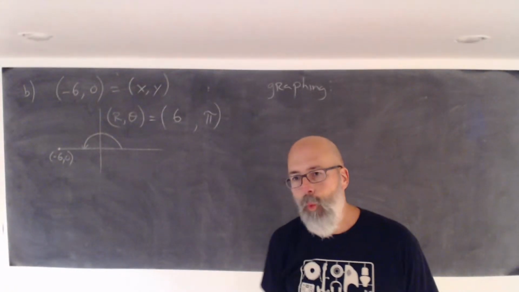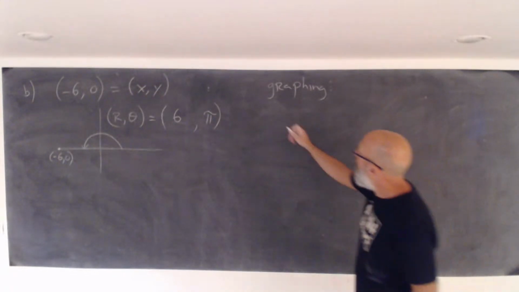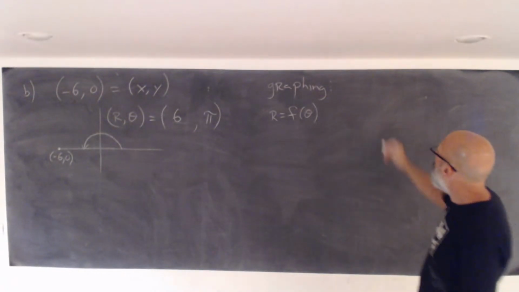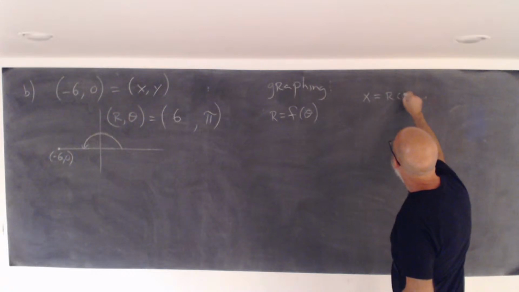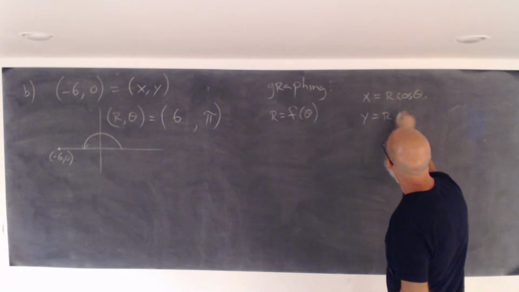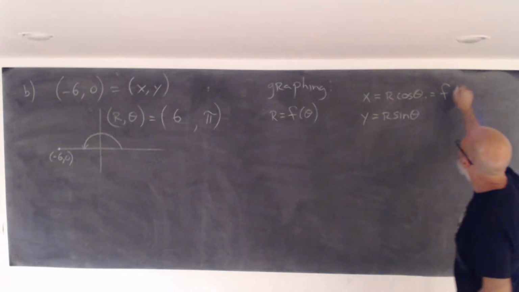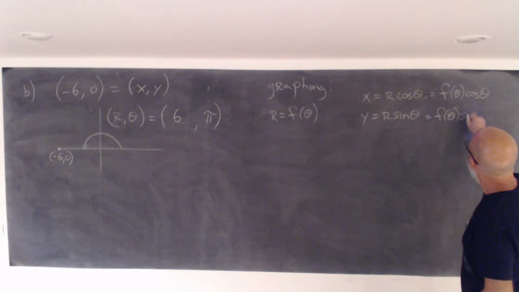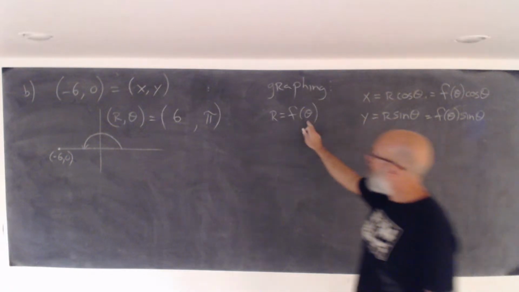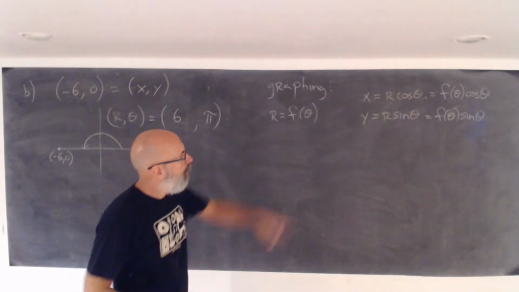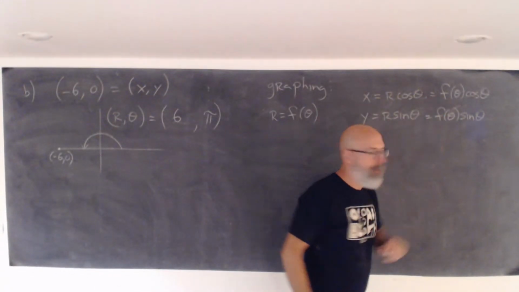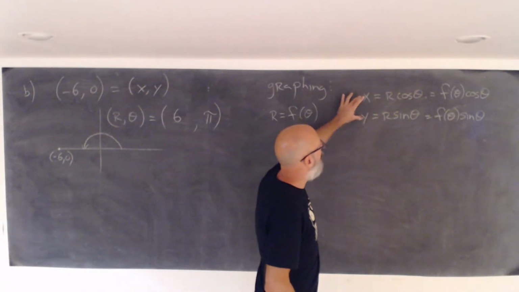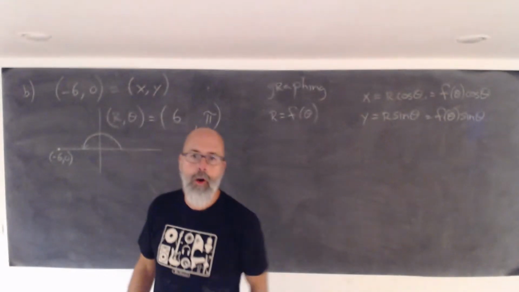There's an obvious way to graph. If you're given r as a function of theta, you can plug in your function theta into your polar coordinates, and for every value of theta, you get a point xy which lives on your graph.